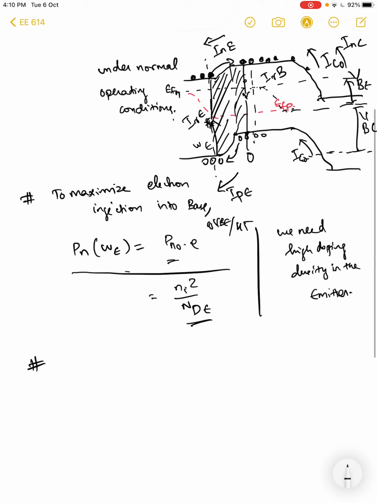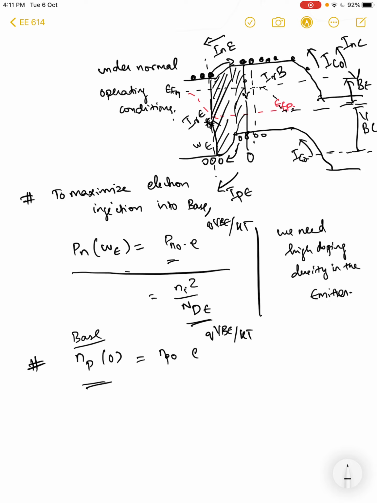So NP, this is the base, right? NP of x equal to 0, being the edge of the depletion width in the base, depends upon NP naught, the electron concentration in the base, e power QVBE by KT. This is what we saw last time as well, right?